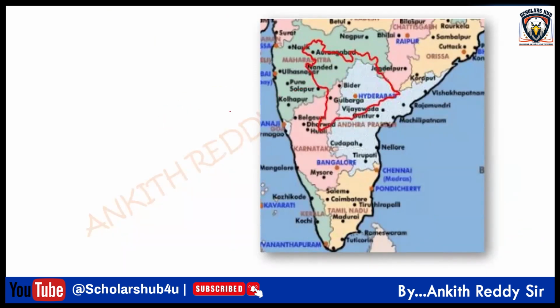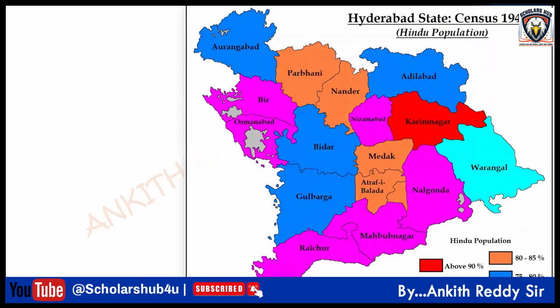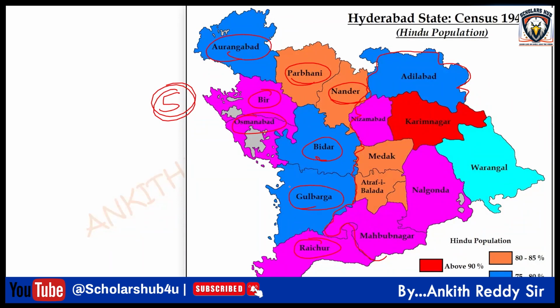Let us look into the districts here. Apart from the present Telangana districts, there were Nanded, Parbhani, Aurangabad, Beed, and Usmanabad. So these 5 districts of Maharashtra and 3 districts of Karnataka, that is Raichur, Gulbarga, Bidar, were also part of Hyderabad state.